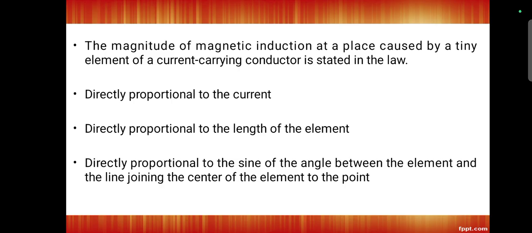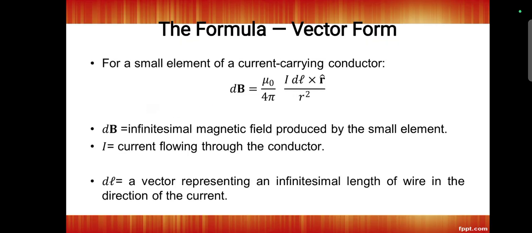The magnitude of magnetic induction at a place caused by a tiny element of a current carrying conductor is stated in this law. It is directly proportional to the current and length of the element and the sine of the angle between the element and the line joining the center of the element to the point.